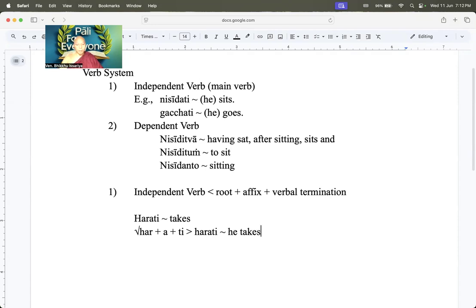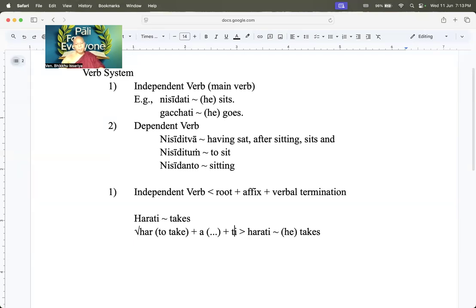So already the meaning comes by the word harati. The root har means just to take. The affix here is meaningless.